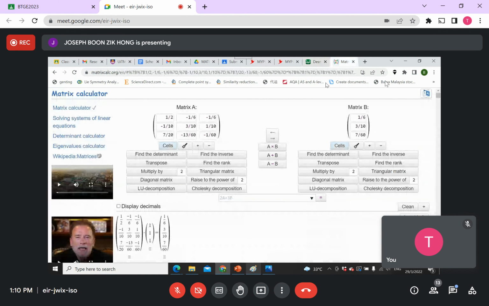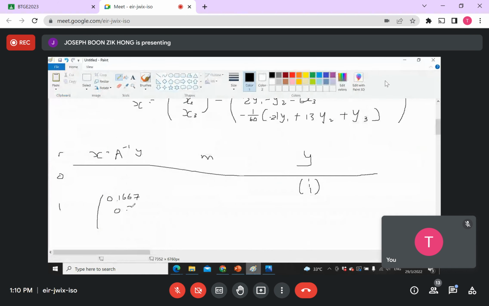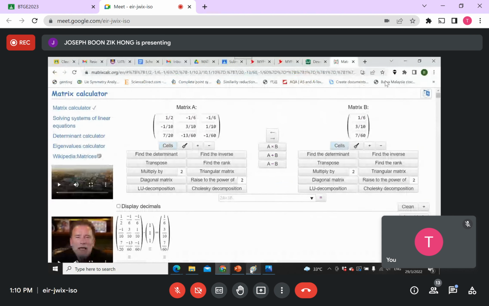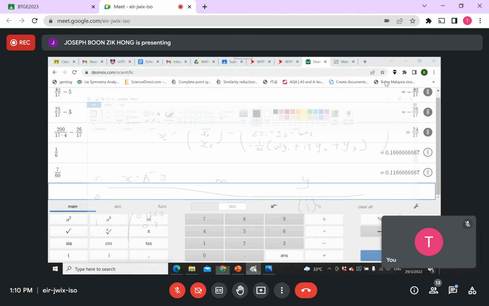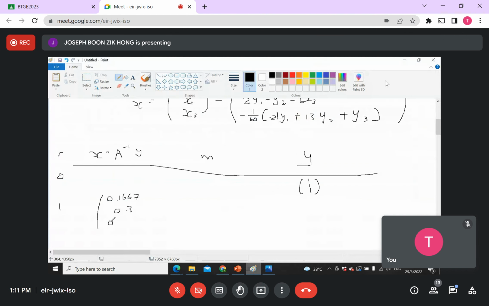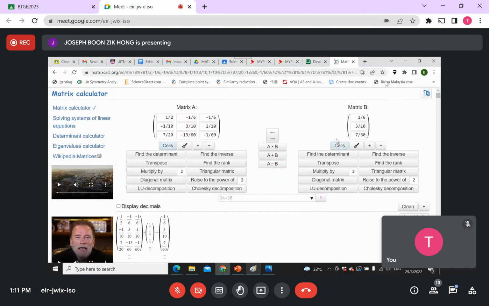Okay, and then 3/10 is 0.3. And then 7/60, 0.1167. Again, if any mistake, please let me know. So what I see, the biggest one is 0.3. So everything divided by 0.3.